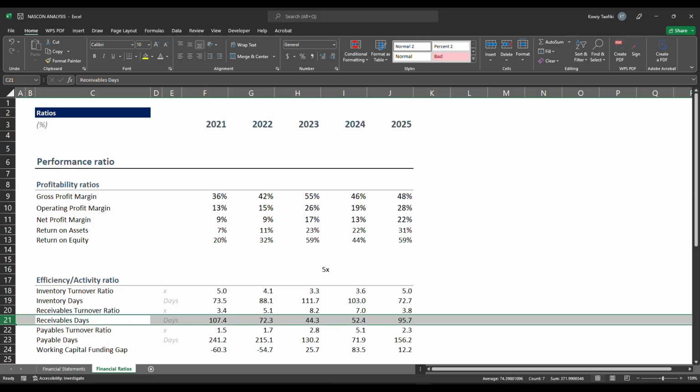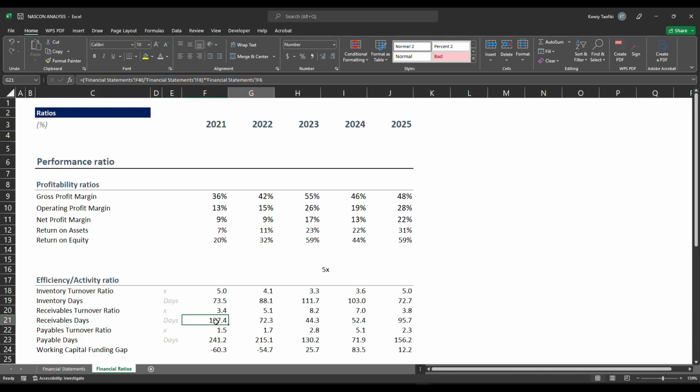So we'll go back to this to interpret what we have here. We start with the receivable. It's bad when it is increasing because our money is staying longer with our customers. So the money of the business is tied down in the hands of the customers. We have 107 days. There was an improvement from 2021 to 2022, from 107 days to 72 days, but it's still high. Then down to 44 days, so this is good.